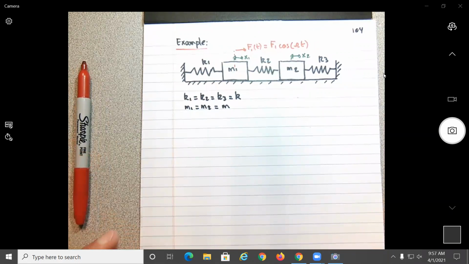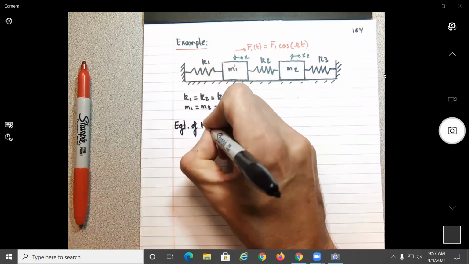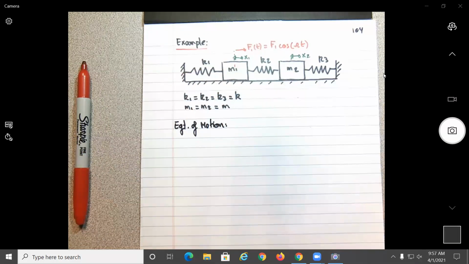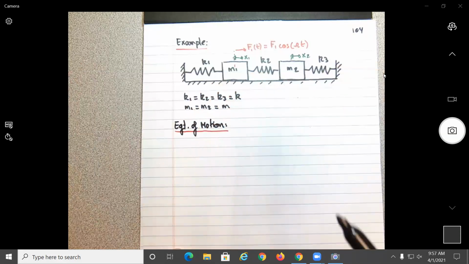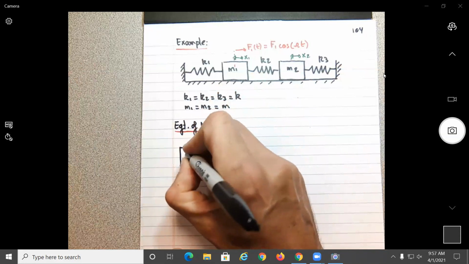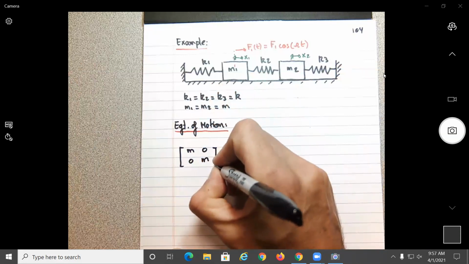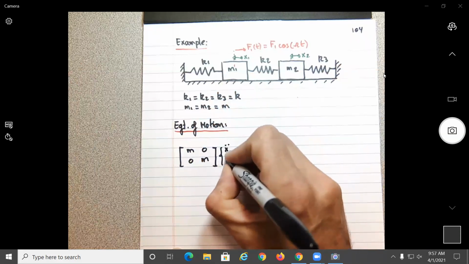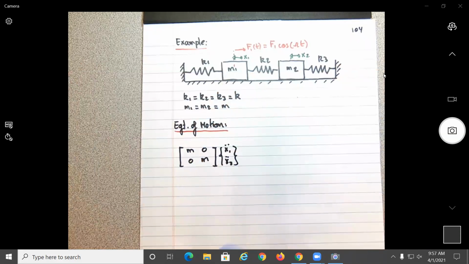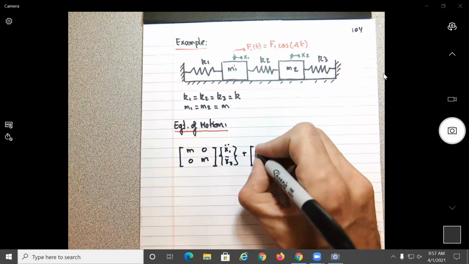Okay, so I'm not going to recopy everything, but if you go back to the notes, we know the equation of motion for this type of system with this data. We'll have M1, which will be M, plus K1 plus K2, so it should be 2K.